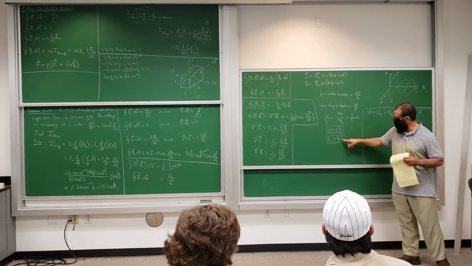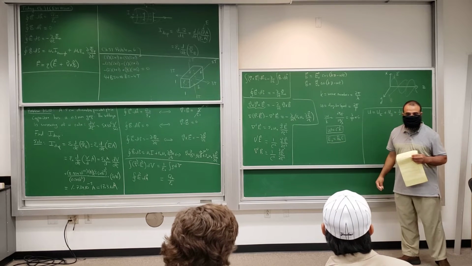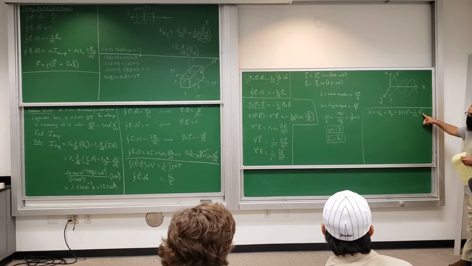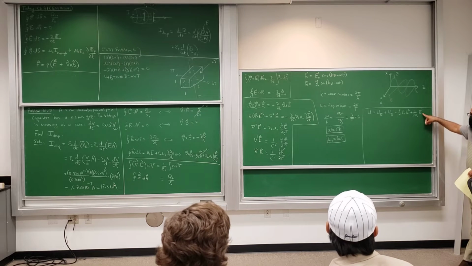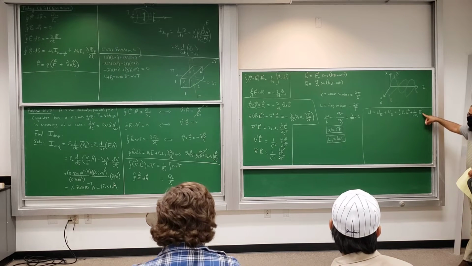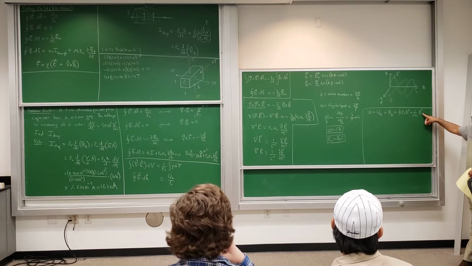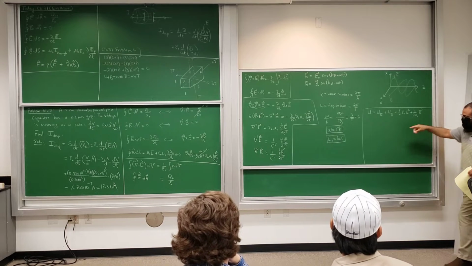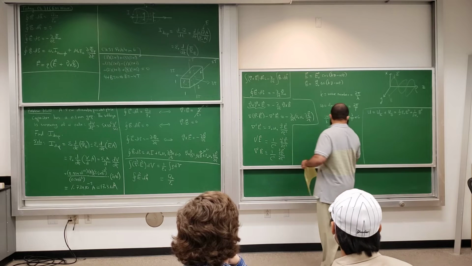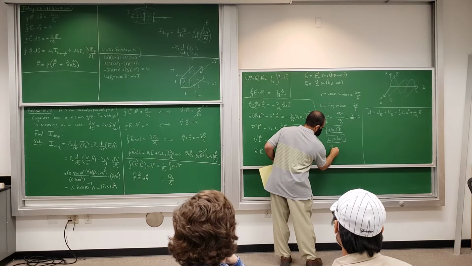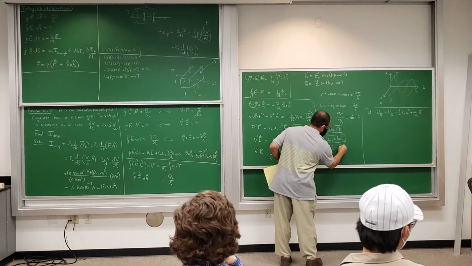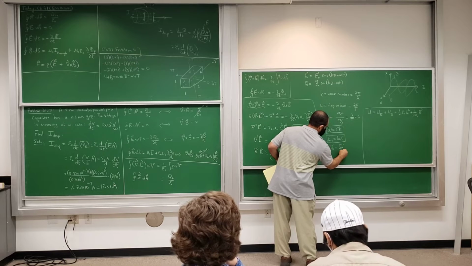So B naught is just E naught over C. Does that make sense? So B naught squared would be E naught squared over C squared.